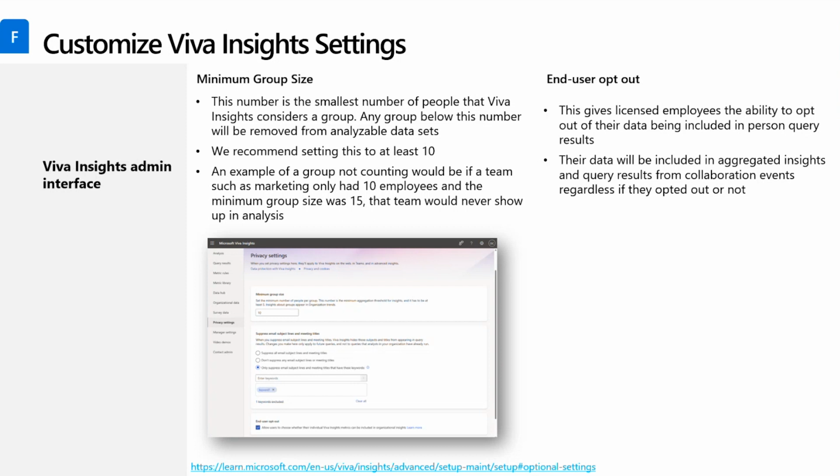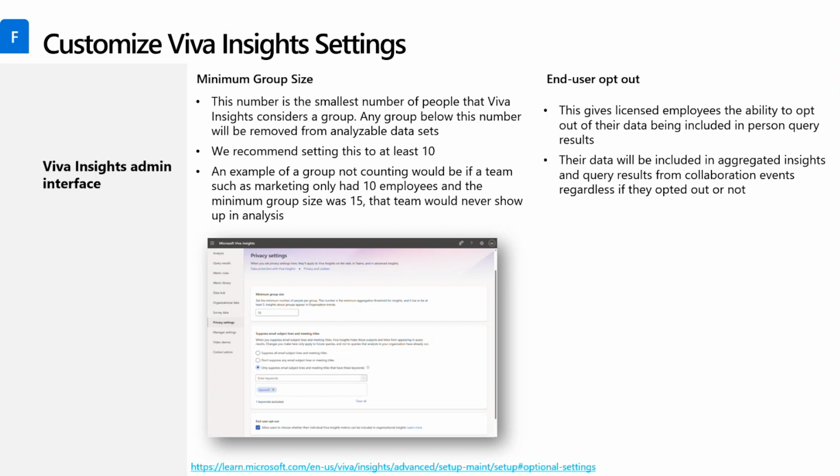As always, query results are anonymized. And to give you a sense of what query results are, this is exclusively related to the analyst experience. So in the analyst experience, people with the insights analyst role can run queries, and these queries can power the Power BI templates that you're familiar with.